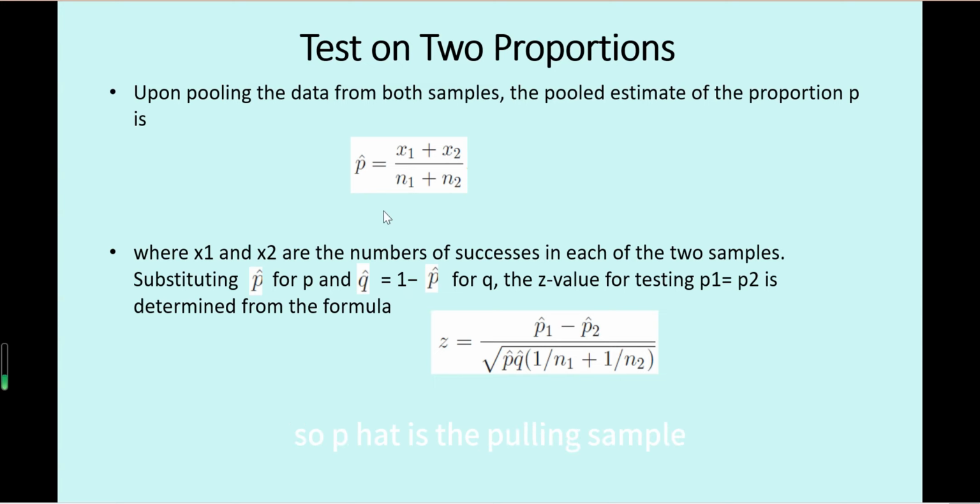So P hat is the pooled sample proportion, if we assume these two proportions in the population are the same, right? So the Z value will reduce to this form: P1 hat minus P2 hat divided by the square root of P hat Q hat times the fraction of sample sizes. So this statistic will have an approximately standard normal distribution.